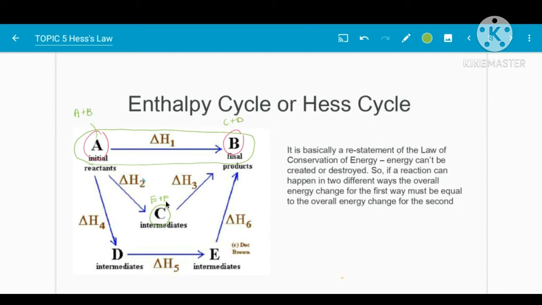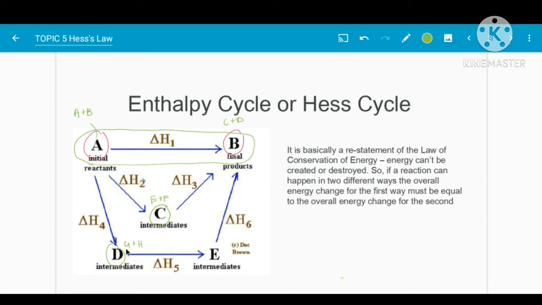And E and F react together or react with other elements, and it will produce the final product, which is B, with the enthalpy change delta H3. And at the same time, maybe A reacts with B and can produce other products such as G plus H. It has a different enthalpy change called delta H4.